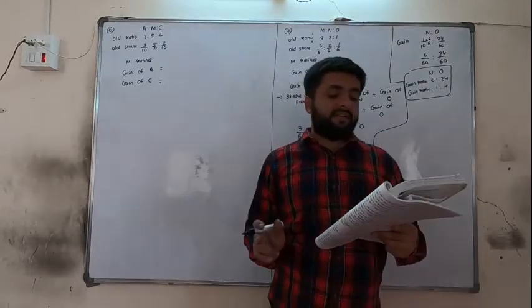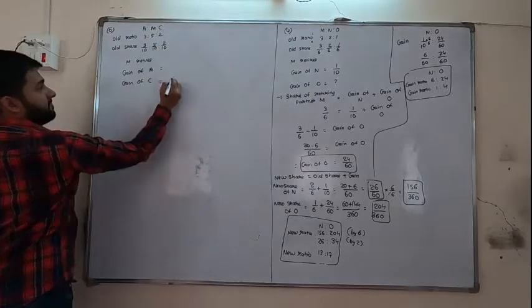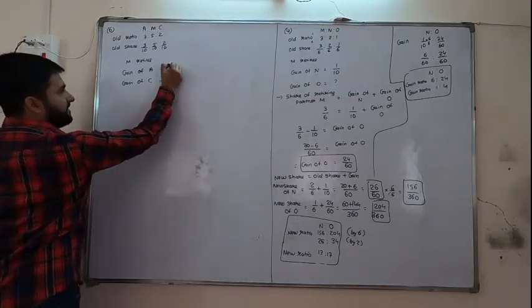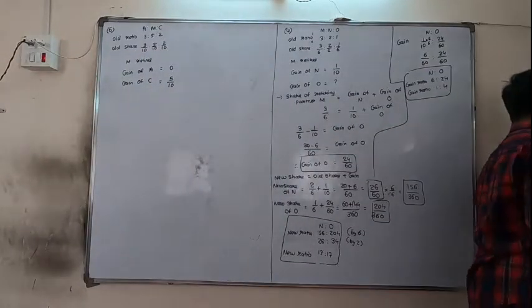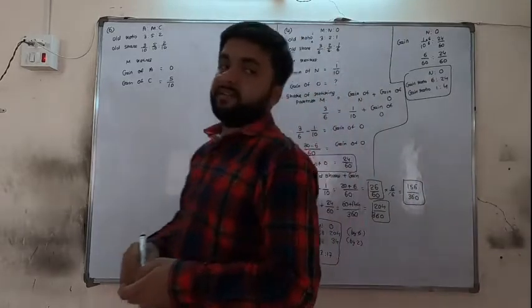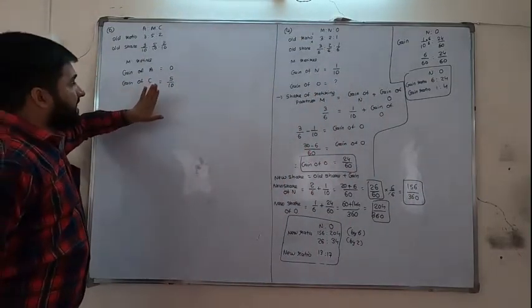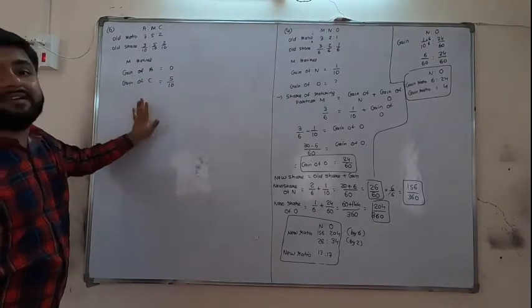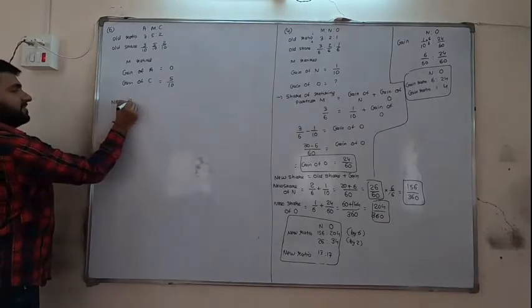M retires and his share is taken up by C. Share of M is taken up by C. So the gain of C will be 5/10 and gain of A will be 0. Because if you read the question carefully, they are telling that the share of M, that is 5/10, is taken up by partner C only. So partner C is taking his share, so A will get nothing. Okay? So shares are ready.